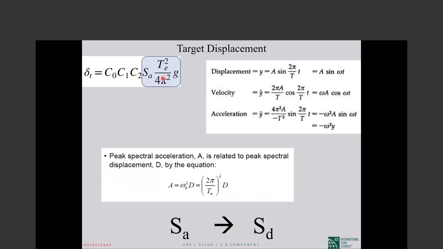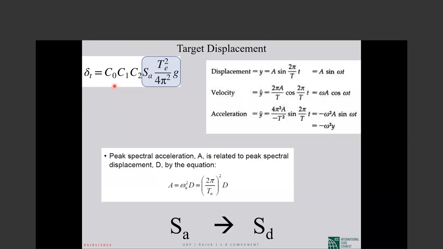We start from simple, the best thing that we have to represent the earthquake, which is the response spectrum, divided by omega squared, becomes the deformation. Then this has a pure dynamic sense.